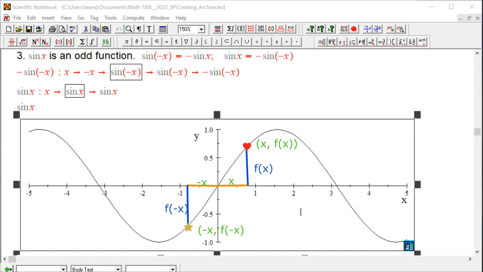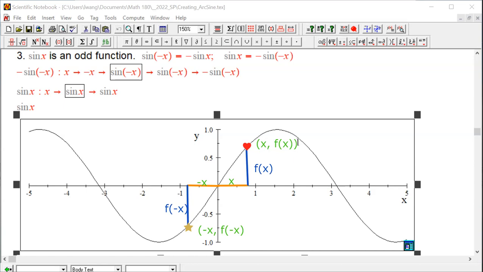Now, since we're dealing with sine, I'm just going to replace f of x. So the definition, now I'm going to replace it by these symbols.